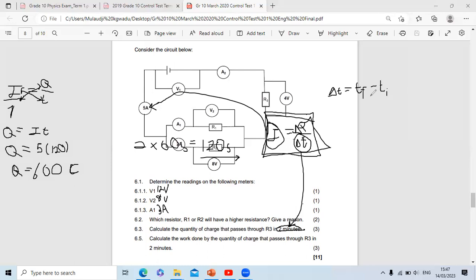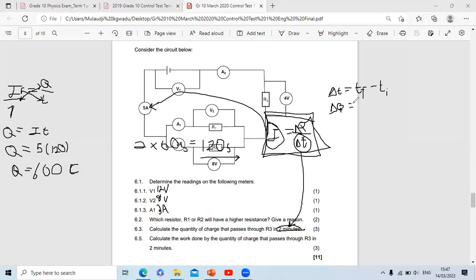So if you ever see delta in front of time, in front of x, in front of whatever, you take the final and subtract the initial.